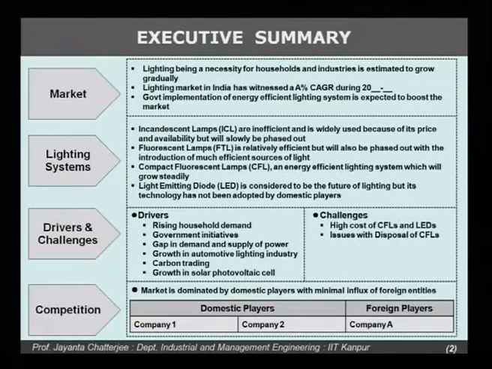Trends also accentuated by regulations, government initiative, social initiative, but of course, there are some challenges with respect to the higher price of the CFL. So, the initial investment is higher.